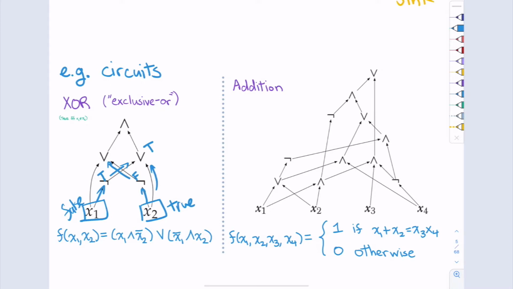This false will go this way. That false will go that way. That'll come out to false. And it says false and true. That will come out to false. Okay, so I clearly didn't do this right. But nonetheless, you can see it doesn't seem to quite implement XOR, but that's okay.